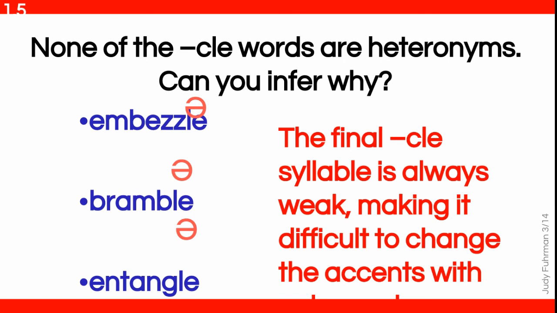The vowel sound is very weak, so that's why it has the schwa symbol. That makes it difficult to change the accent marks with that. So, it's difficult to change the accents with words ending with the CLE.